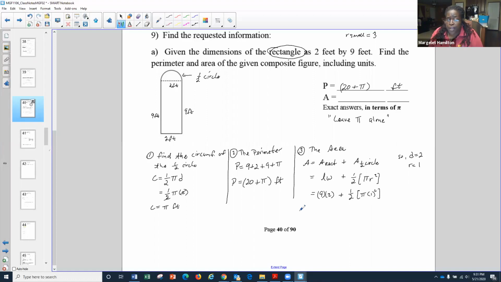Now we're working it. So we have area equals 9 times 2, 18. Then we have, starting in the middle, working our way out. 1 squared is just 1. 1 times pi is just pi. So inside of here, all we get is just pi. Is everybody all right with that? All right.